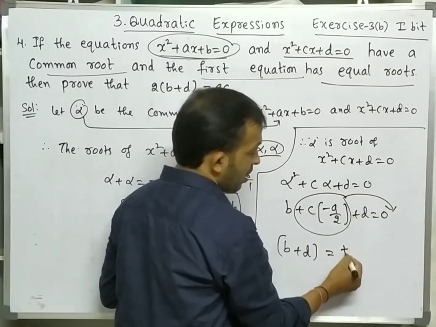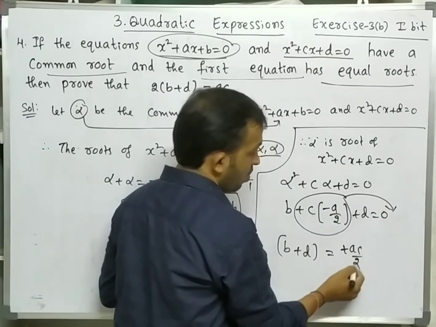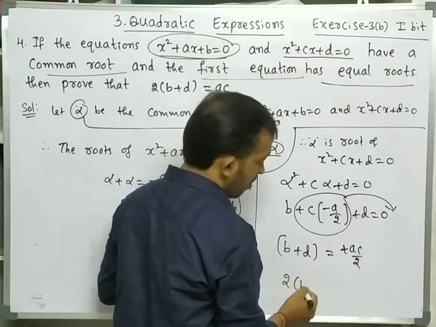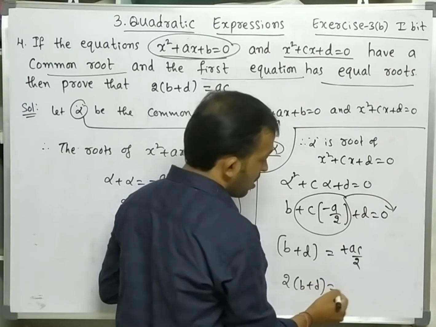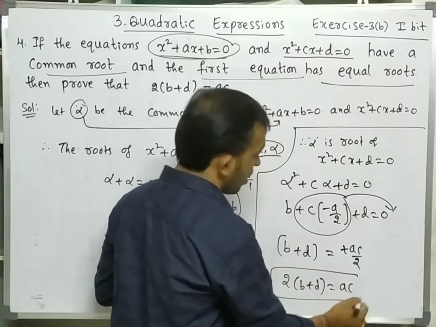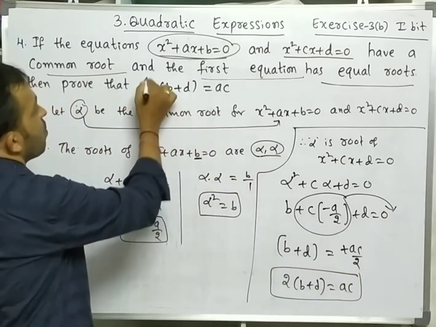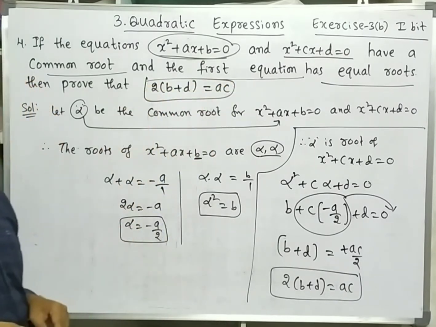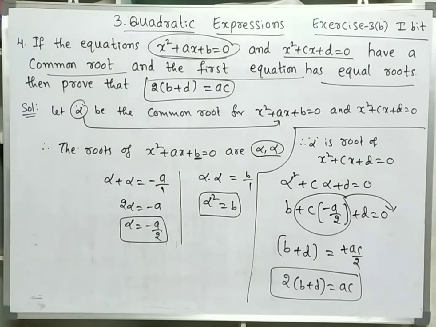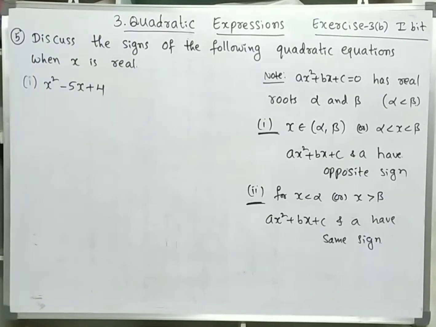Bringing 2 to the left hand side, we get 2 into b plus d is equal to ac. That is the required condition which we had to prove. Just use those conditions, then you will get the required answer.